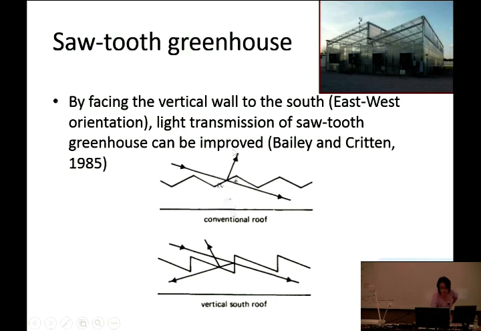By making that particular wall more vertical, you can minimize the reflection, because the incident angle is much smaller, closer to perpendicular. So much more of the light comes into the greenhouse. And the reflected light is reflected back onto the glazing, creating another chance to get absorbed or get into the greenhouse.